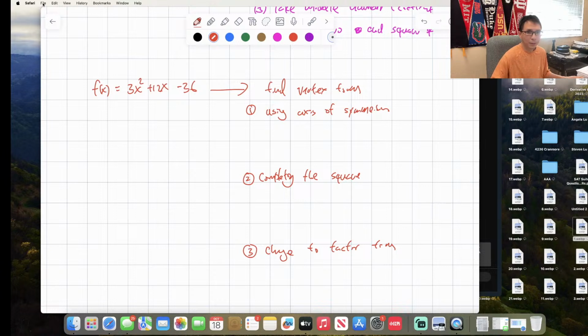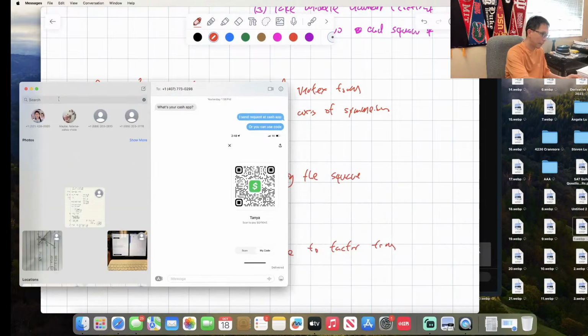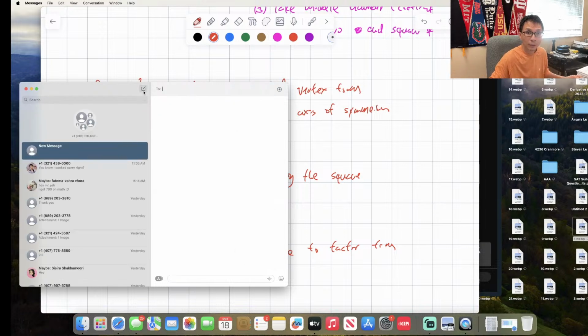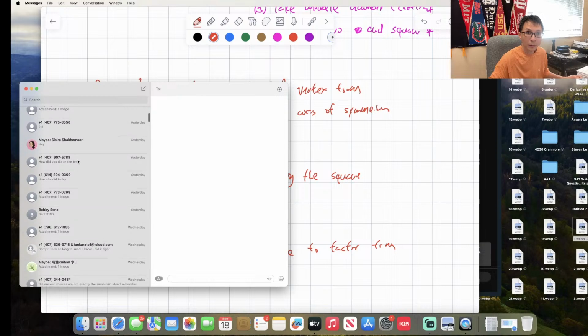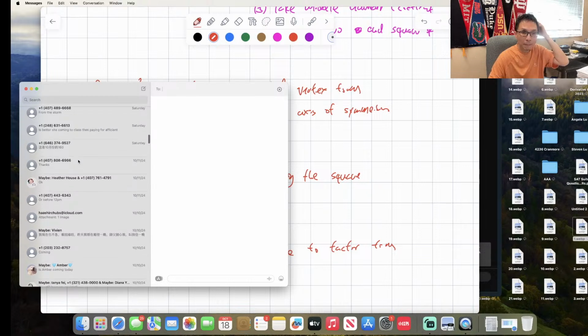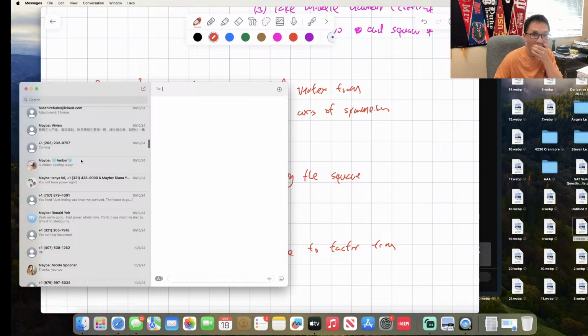What am I trying to do? You just leave it in factor form. Find the x. You could do quadratic. Make y 0. Like factors, 3x.